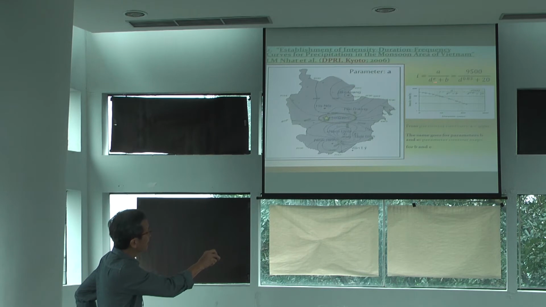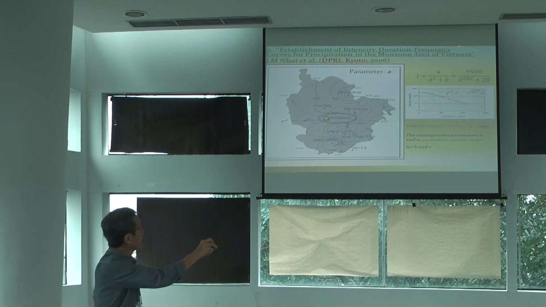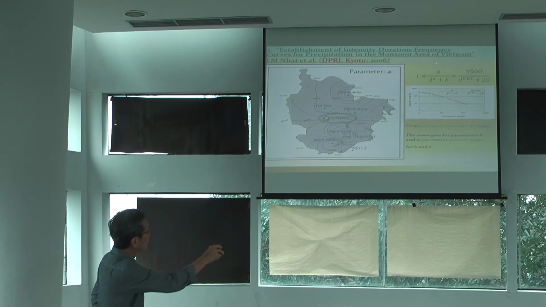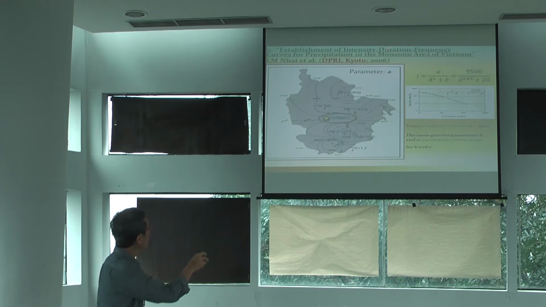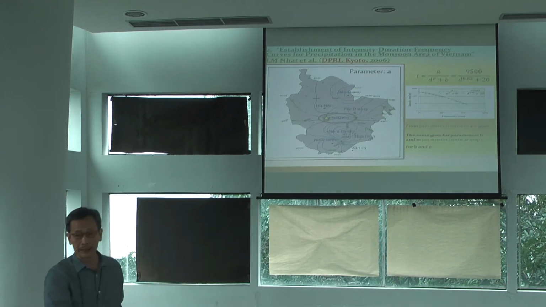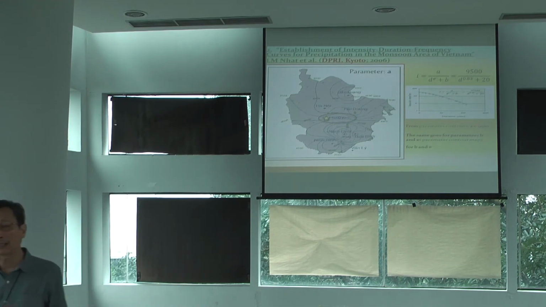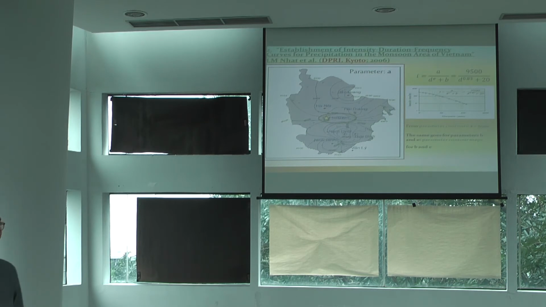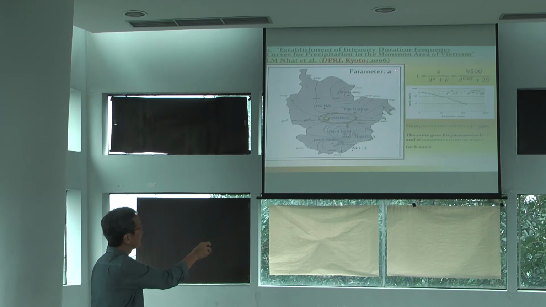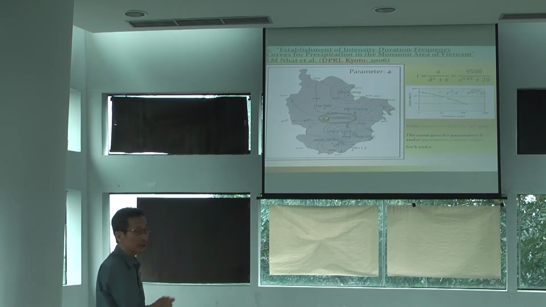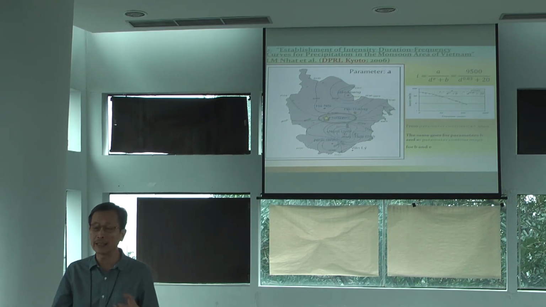This is the idea of the intensity duration frequency equation. You have to determine A, B, and C or D. This is intensity duration. So this particular group in the Japanese DPRI, Disaster Prevention Institute, came up with a contour line map for parameter A, another map for parameters B and C, and so forth.